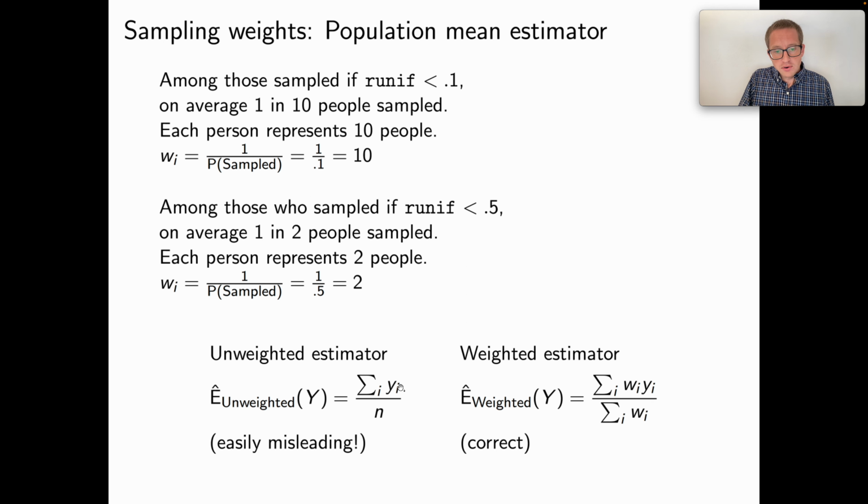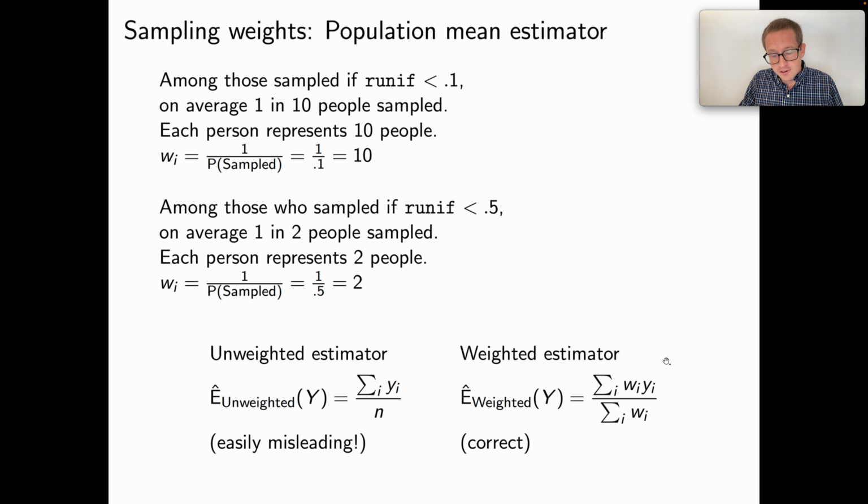We're going to take the total of their preferences for sitting in, say, the front of the room. How many people in the sample preferred the front of the room? Then divide by the number of people in the sample. If our sample was a simple random sample, this would be the way to go. But our sample is not a simple random sample. The people in the front of the room count for 2 people, and the people in the back of the room count for 10 people. Sampling weights let us resolve this problem.